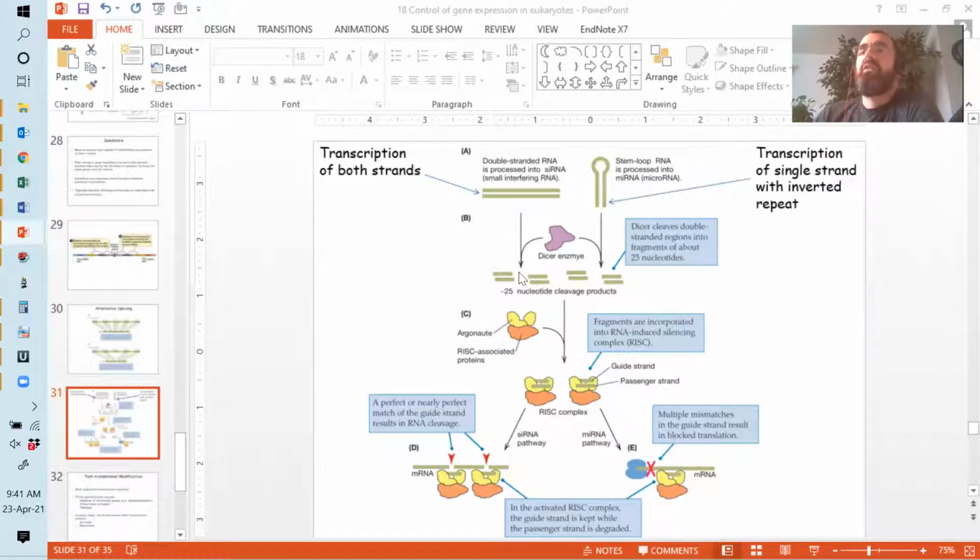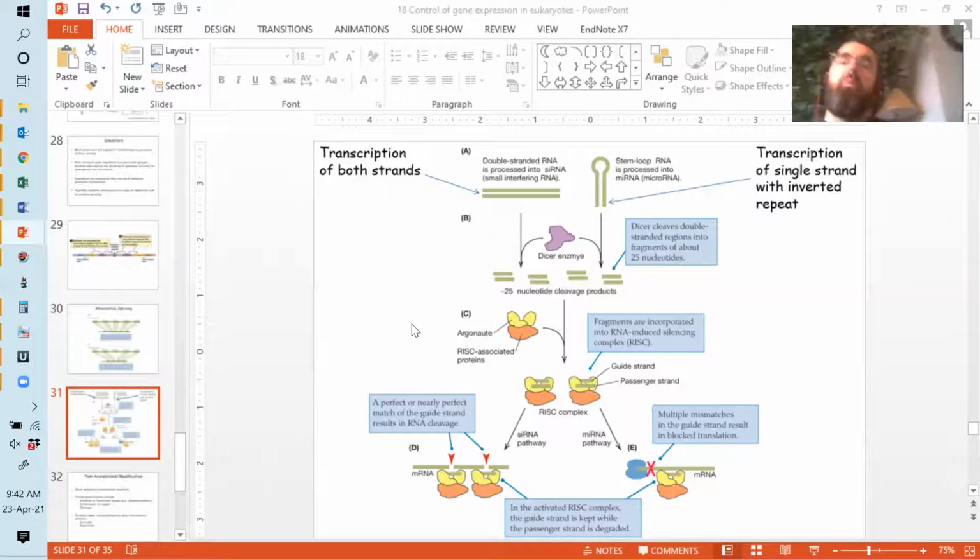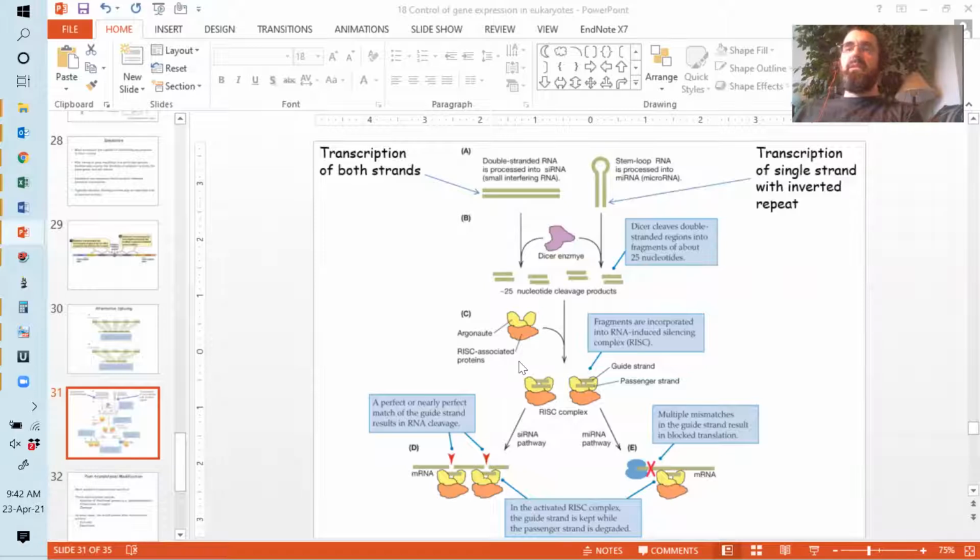Now, those small chunks are recognized by what's called the RNA-induced silencing complex, or RISC. And this contains a protein called Argonaute, which is very important in what actually happens with these small non-coding RNAs. Effectively, the RISC complex does two, well, maybe three different things.